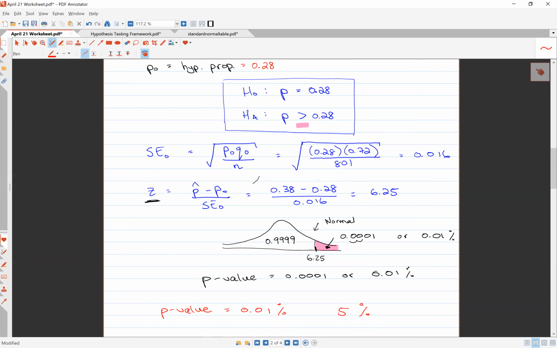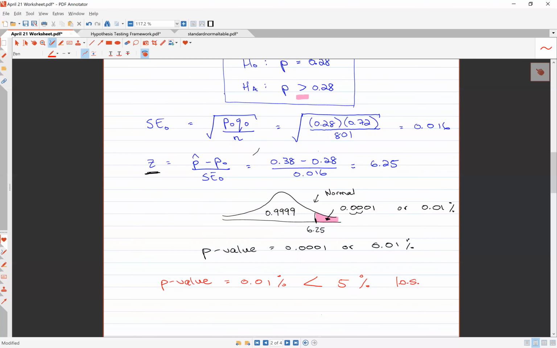You're always going to compare it to the desired evidence level or the level of significance, LOS for level of significance, and the p-value is less than the evidence level. So that means we have a small p-value, because small or large is always determined relative to the level of significance. But a small p-value means you are going to reject the null hypothesis.